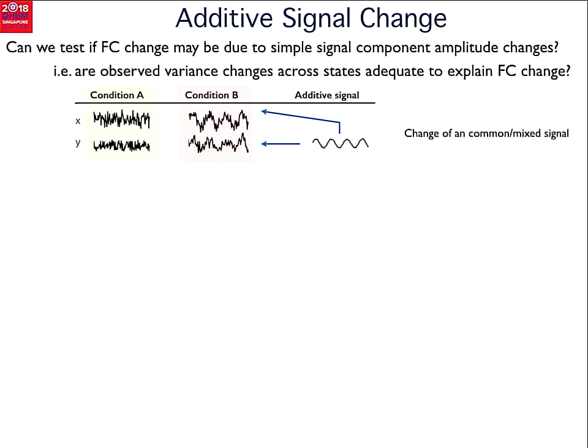We've defined a more general class called additive signal change, which tries to encompass a broader range of changes in the scaling of signals. So maybe there may be a common increase in a common shared signal or some mixture of changes.